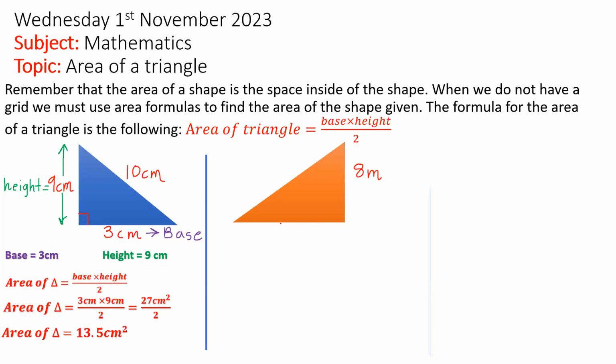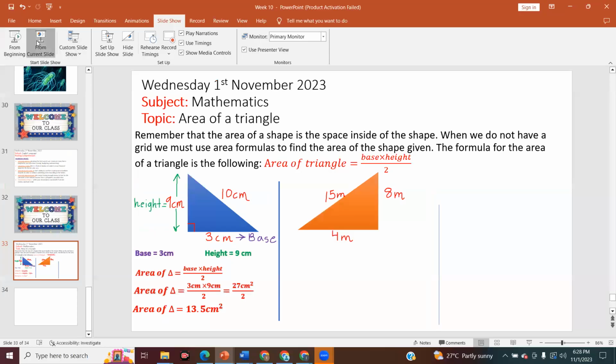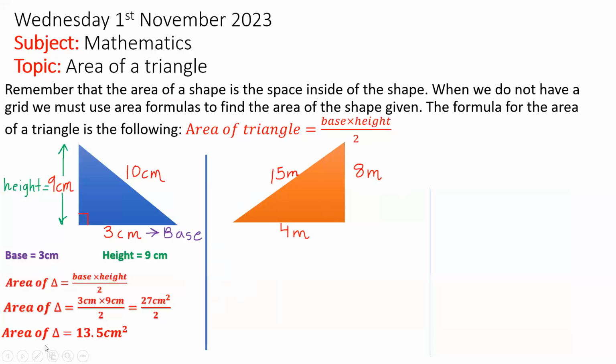So this is 4 meters. So this is 15 meters, right? Oh, and by the way, this is still a right angle triangle.